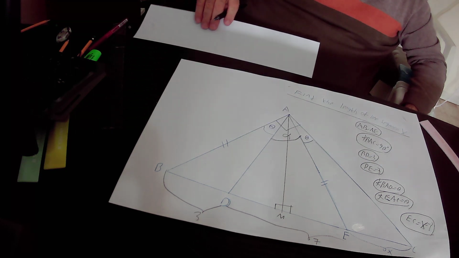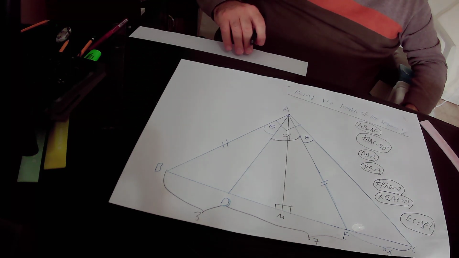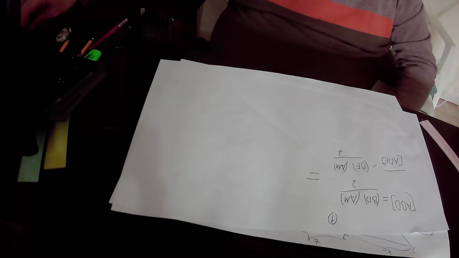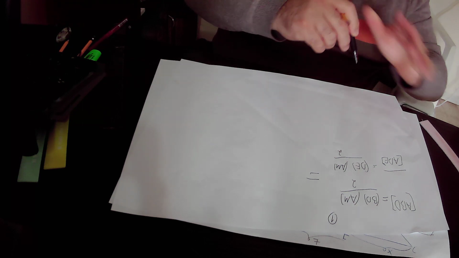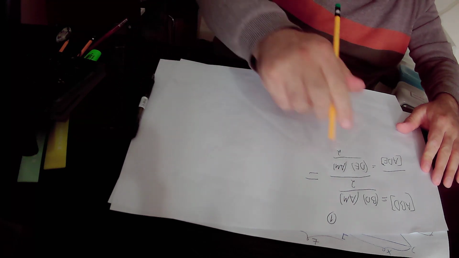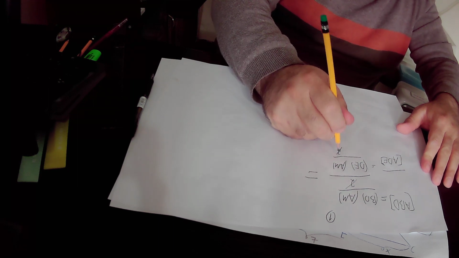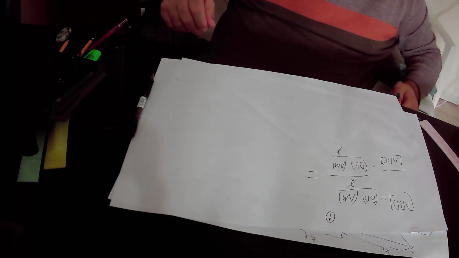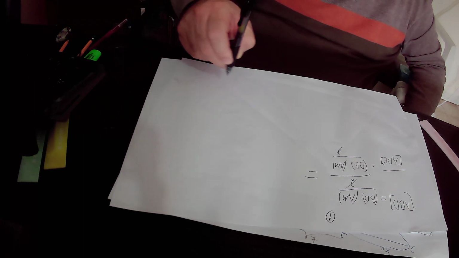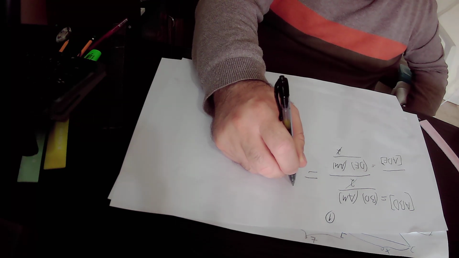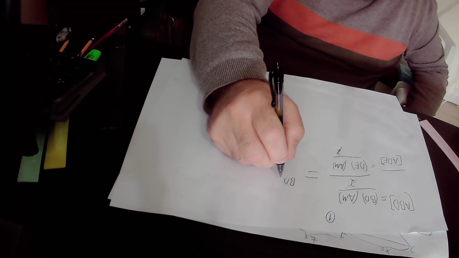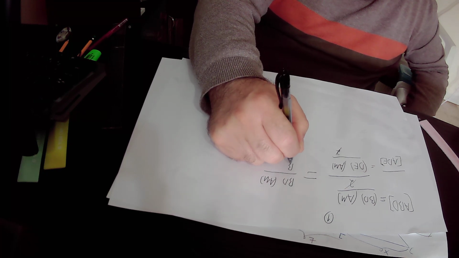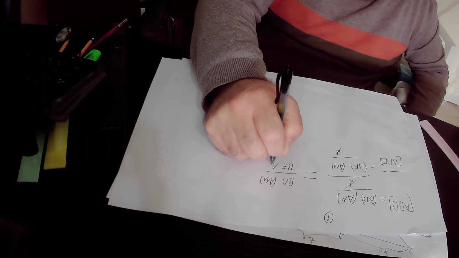Here we have 2 in the numerator and 2 in the denominator, so 2 will get cancelled. And we can write down that BD times AM over DE times AM.